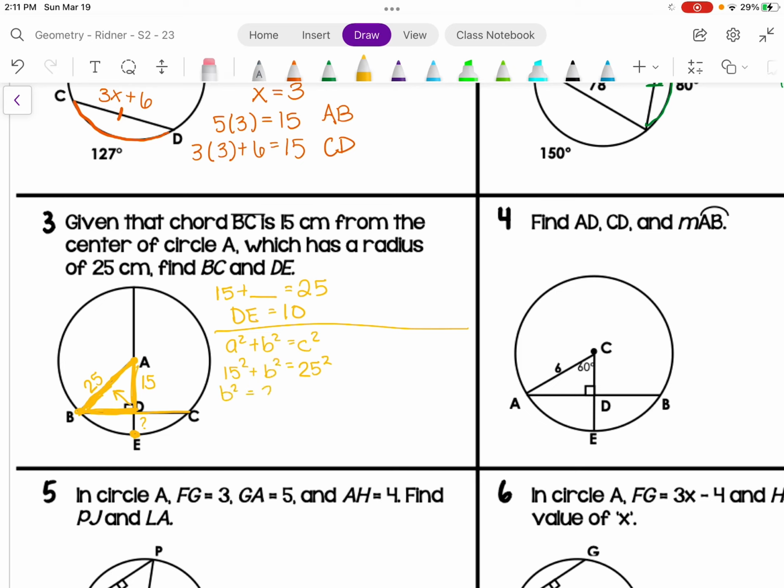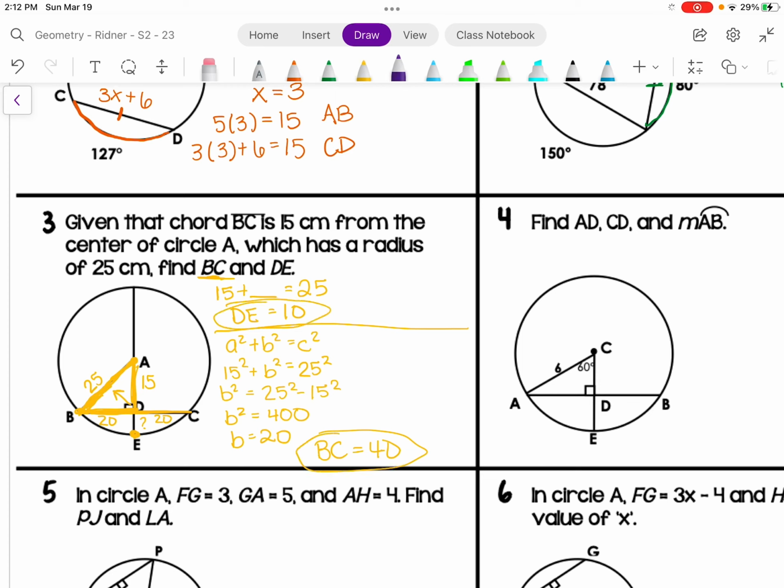So b squared equals 25 squared minus 15 squared. b squared equals 400. So b equals 20. So that means from B to D is 20, but we actually want to find BC. So we want to find all the way across. It just doubles. 20 plus 20. BC is 40.